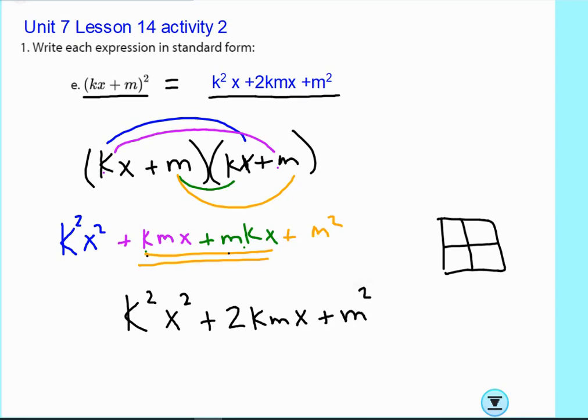So if we just are looking at the coefficients of the x, we've got k squared, 2km, and m squared, right? So looking at what's in front of the x squared. So that was what you may have figured out in activity 2. So we're going to be using this. So I wanted to make sure we were ready for that.